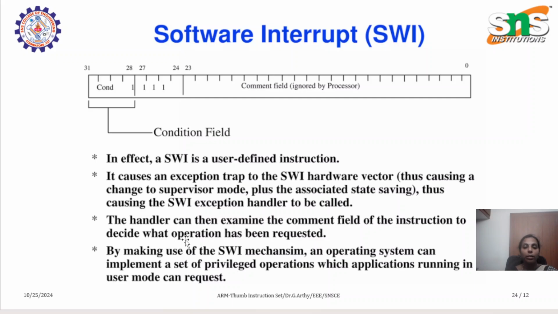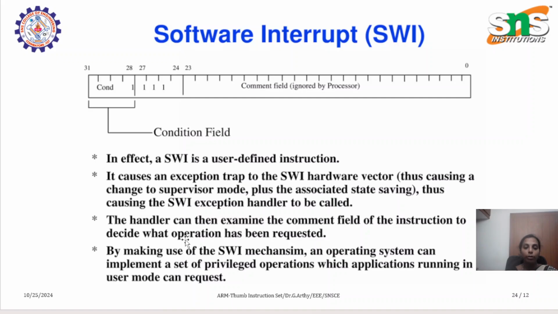It causes an exception trap to the SWI hardware vector, thus causing a change to supervisor mode plus the associated state saving, thus causing the SWI exception handler to be called. The handler can then examine the command field of the instruction to decide what operation has been requested.